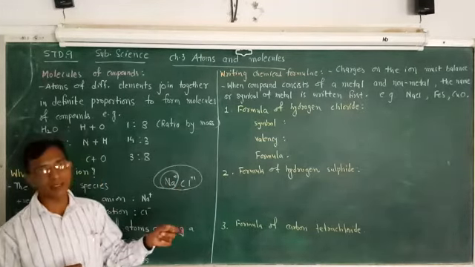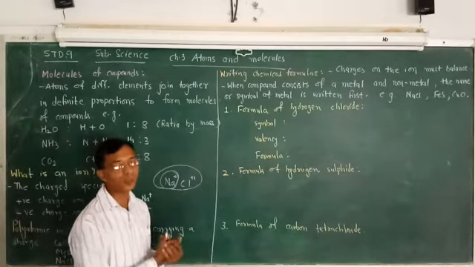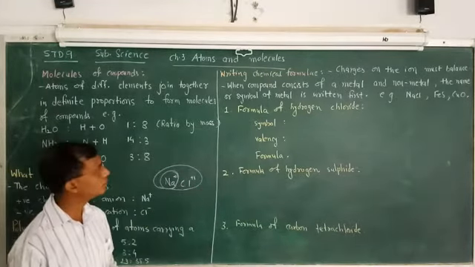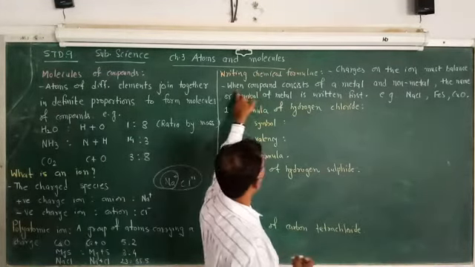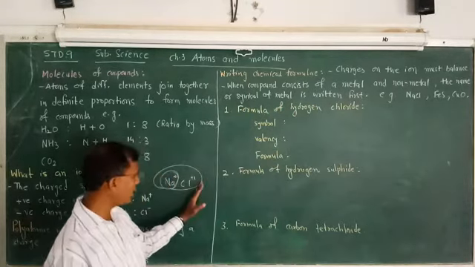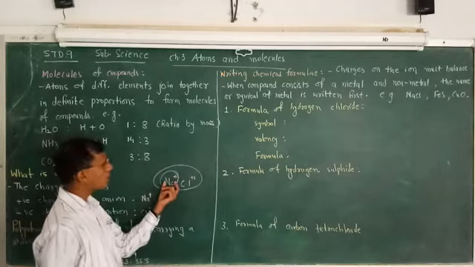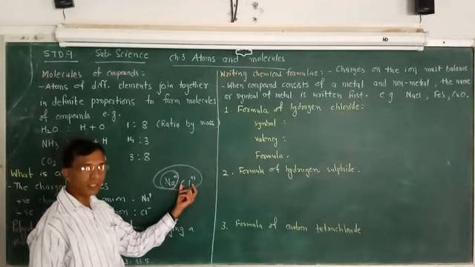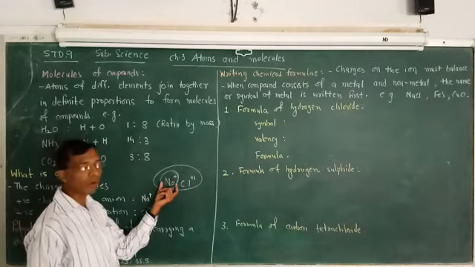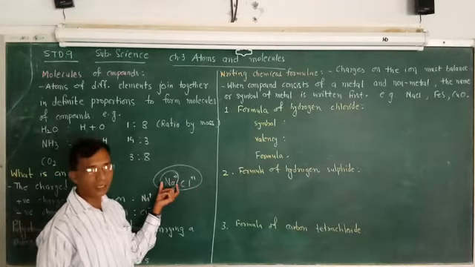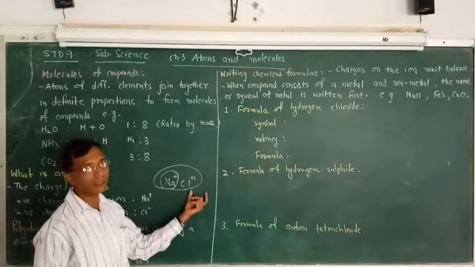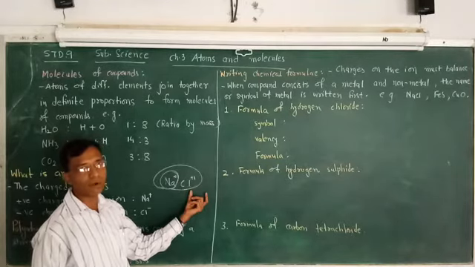Chlorine is a non-metal, so on the right side you write the non-metal name or symbol. NaCl is metal and non-metal. First write the metal symbol, and then write the non-metal symbol.